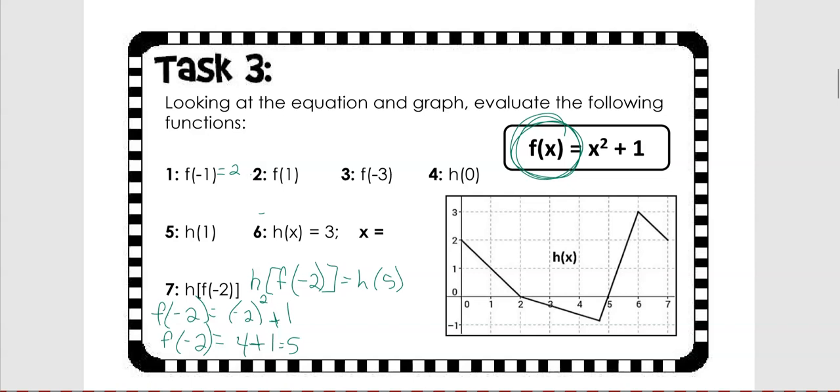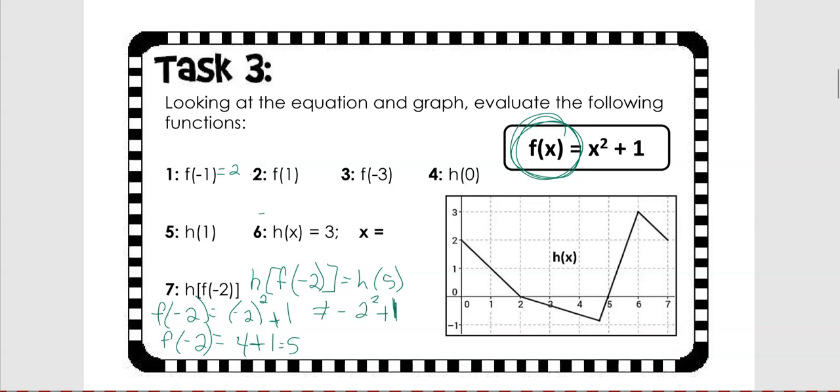But the point I was making about your negatives is that negative 2 in parentheses squared plus 1 is not the same as negative 2 squared plus 1 without parentheses. Because in this case, the squared only applies to the number, not the negative. So the base is 2, not negative 2.